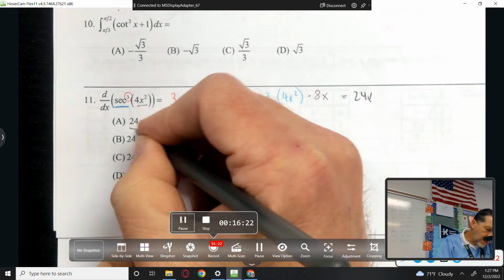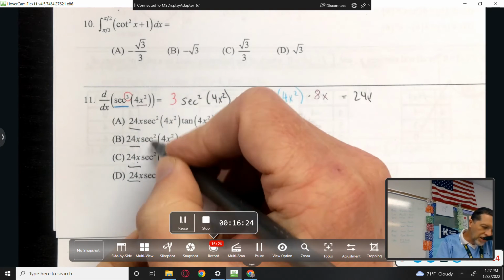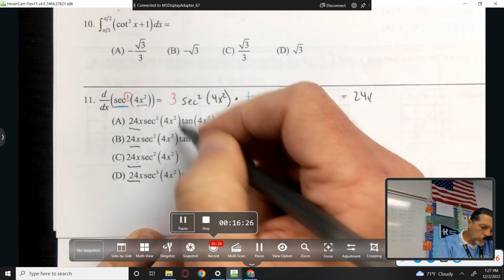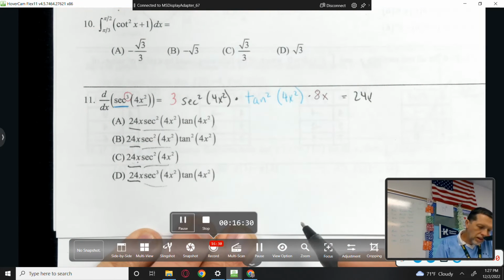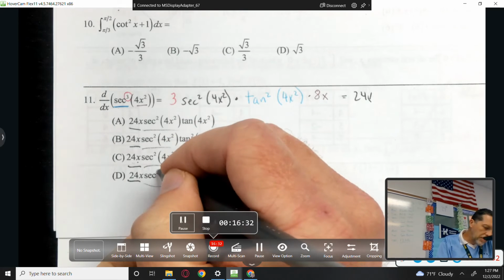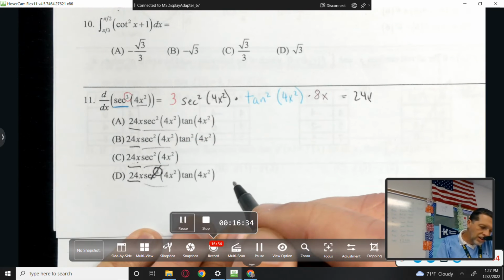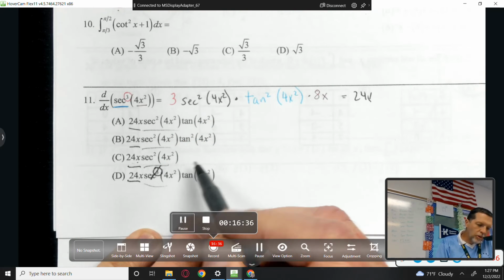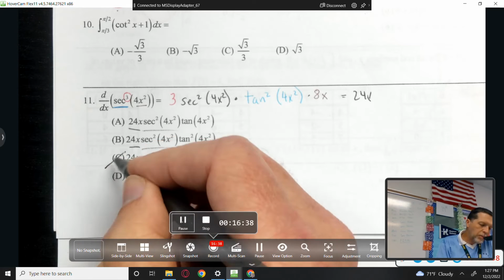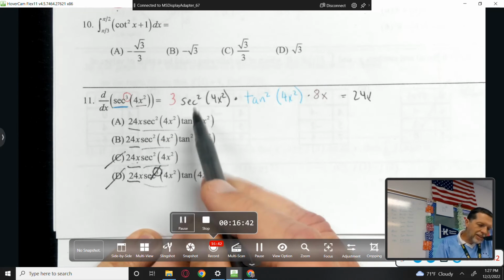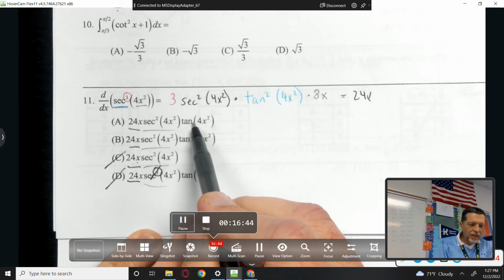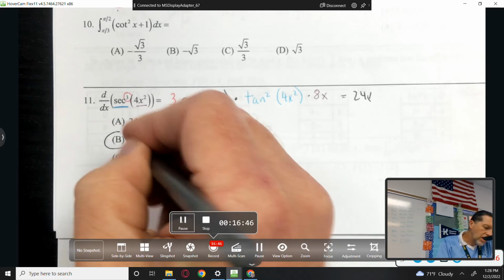Yep, that's on everybody. Secant squared, because everyone did the power rule of 4x squared, that's all the same. Except for D, that's a 3 on it. Oh, yep, that's 3, so that's out. And then 24x, part C left off the tangent, and A just did tangent. They forgot that the derivative of secant is secant tangent, so the answer is B.